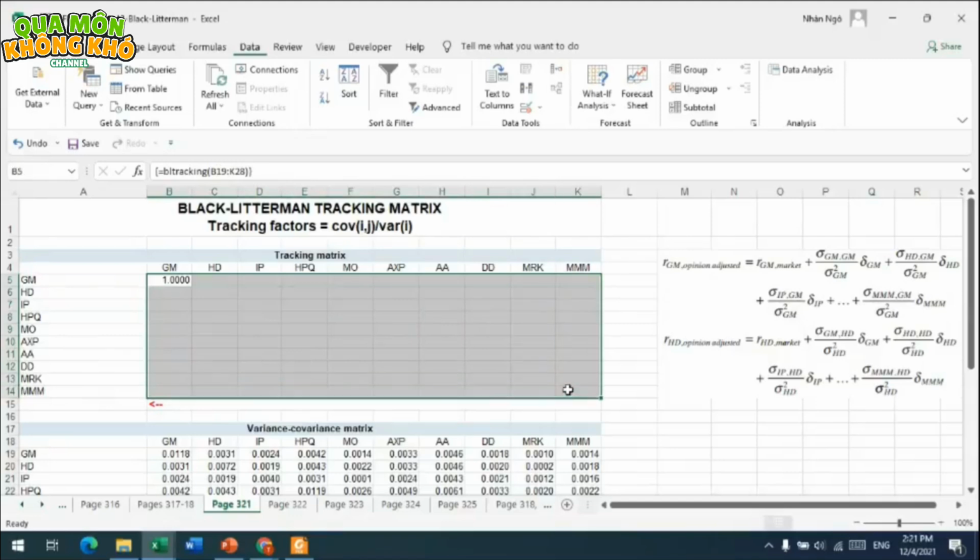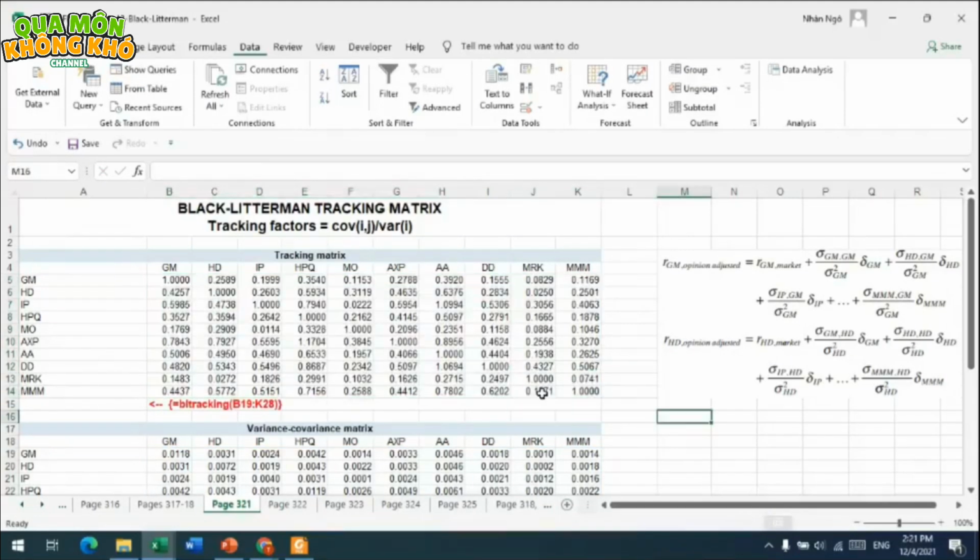And then we got the tracking matrix representing the covar and var ratios like this here.